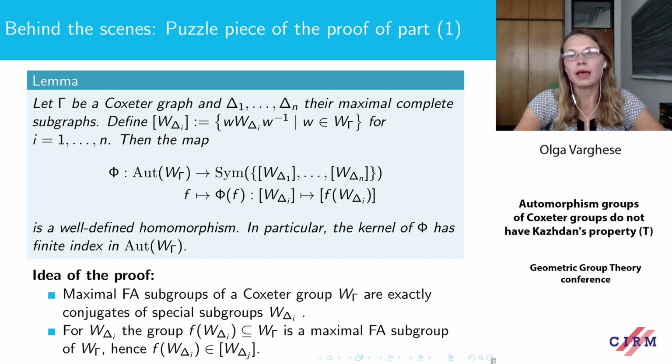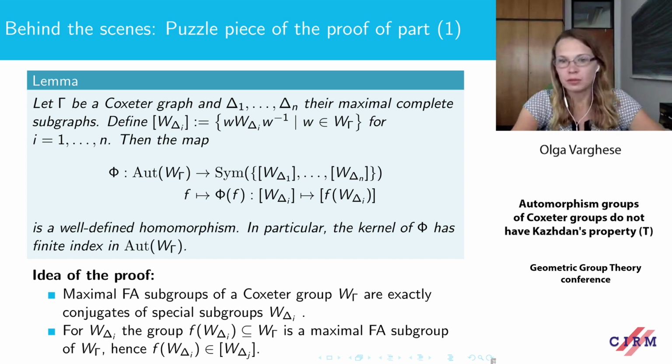So we know that there exists J such that we have this relation, such that the image of W delta I under F is in this set. Okay, and then one can prove that the image of F is indeed a bijection and phi is a homomorphism.